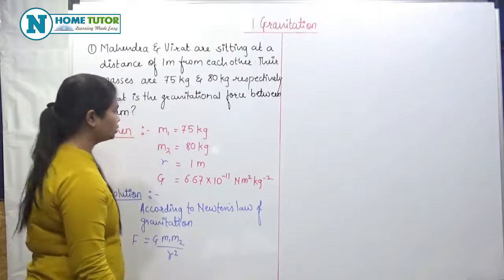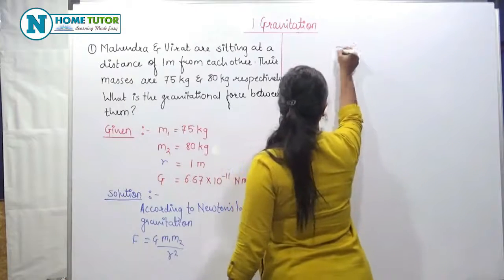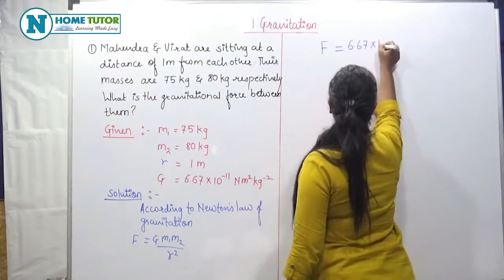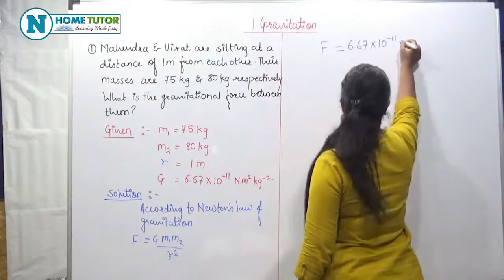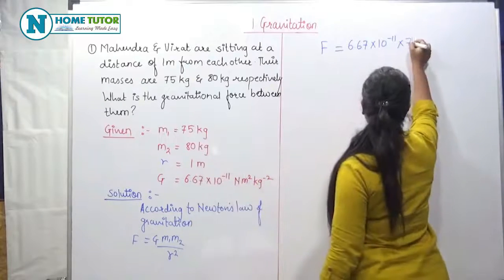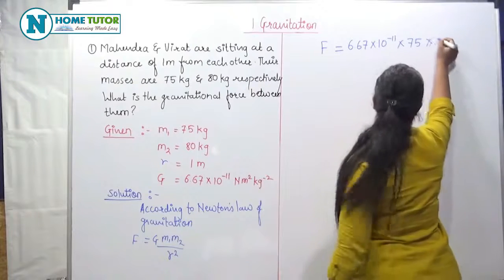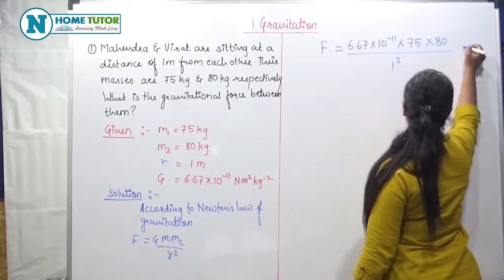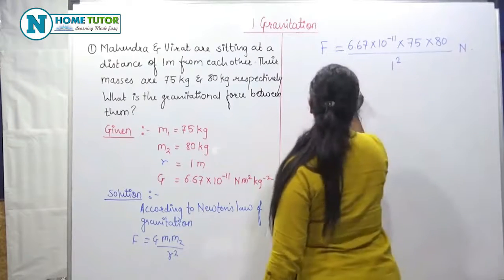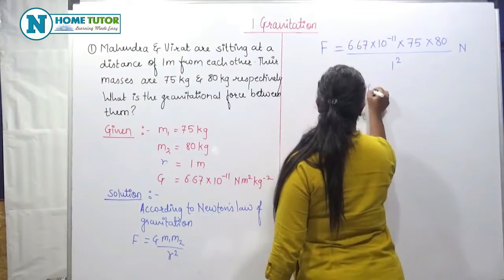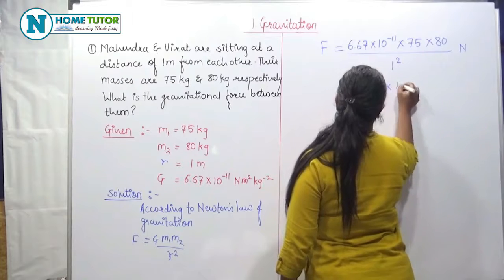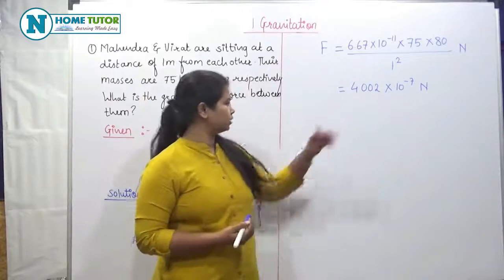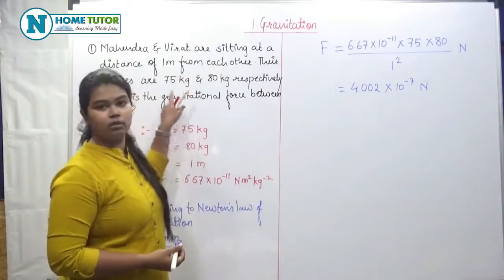Okay, so let's substitute the values here. G is 6.67 into 10 raised to minus 11 into m1 is 75, m2 is 80 upon r square, that is 1 square. The answer is 4.002 into 10 raised to minus 7 Newton. So this is the gravitational force which is between Virat and Mahendra.